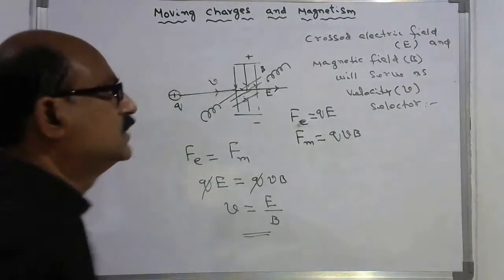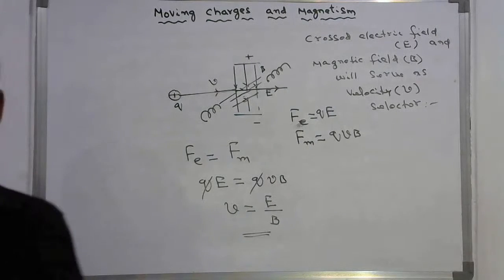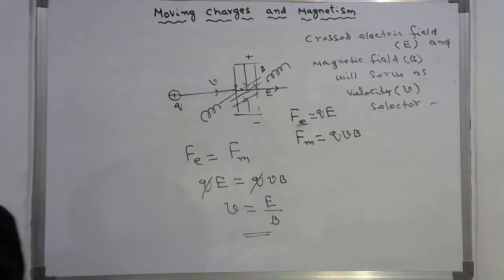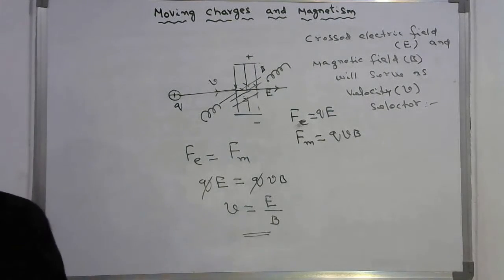This is a very important concept. The crossed electric field E and B serve as velocity selector. This can be obtained using the Lorentz formula.